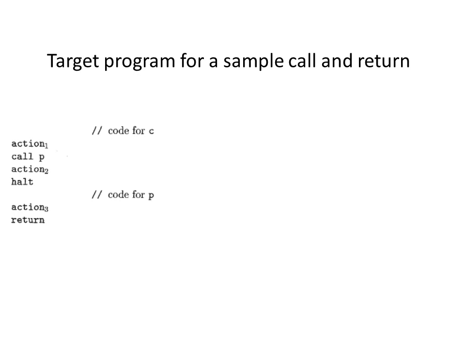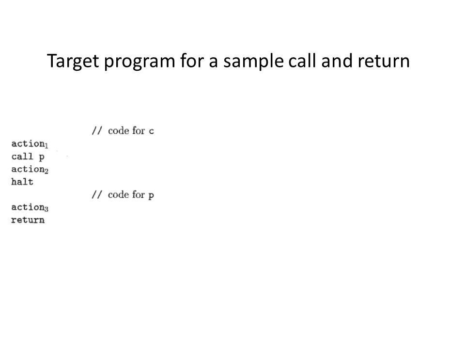Target program for a sample call and return. See, code for C, where C is a procedure. Action 1 means procedure call starting.